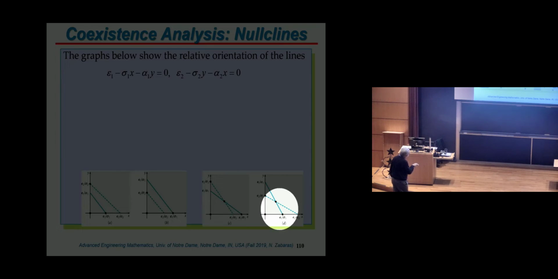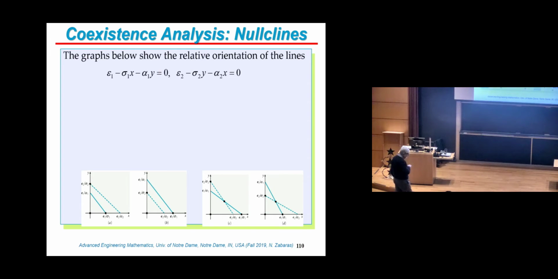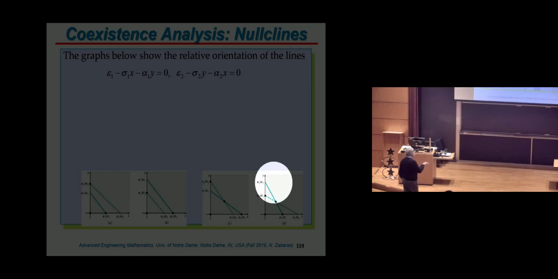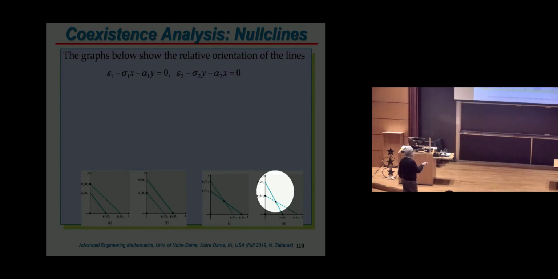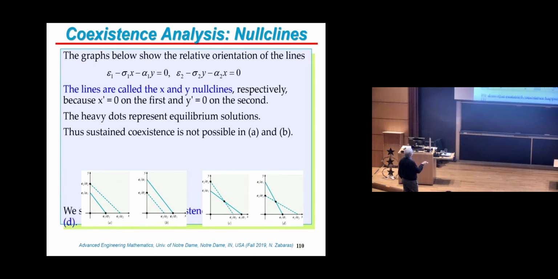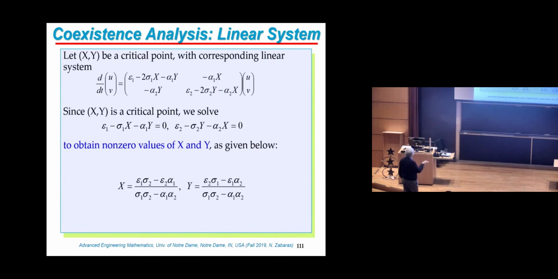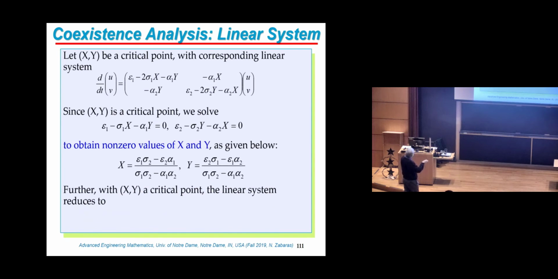The only situation where you can get an asymptotically stable point is when the parameters epsilon and sigma for the two species give you a situation that looks like this one here. So it comes out that C is not an asymptotically stable node. It may be, but this is the only situation. And when exactly do I get this? Here is the answer, if I can find it somewhere. So when you do the linearization, it is exactly the same thing, but with no numbers.